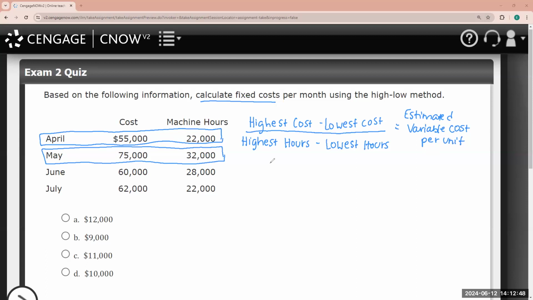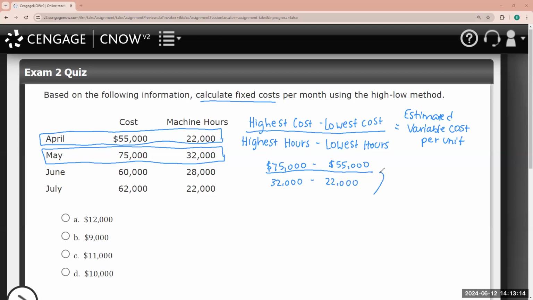So here we input the information. Our highest cost is $75,000 minus our lowest cost of $55,000. And the highest hours are 32,000 hours minus the lowest machine hours, 22,000 hours.